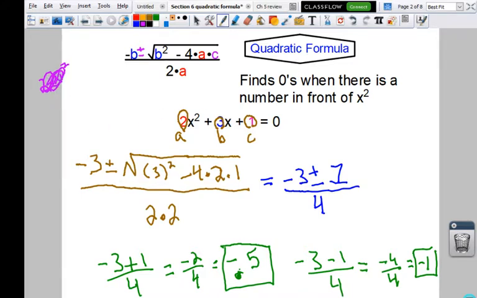Quadratic equation, you can use every single time. That's why I like quadratic equation. It does not matter what thing you have, you can always use this every single time. It's kind of time consuming, but if the only thing you remember is this on your test, that's all you need. You don't need to remember in middle, completing the square, anything like that. You could only do quadratic equation, which is why I like it.